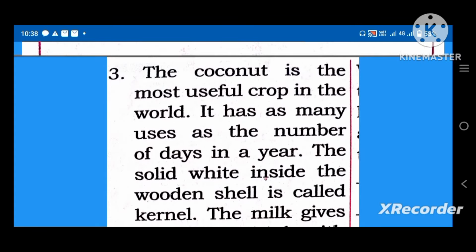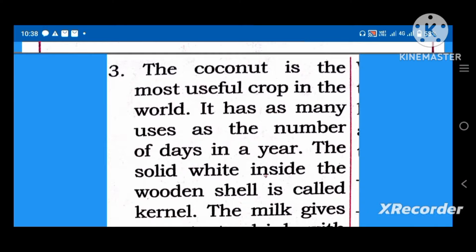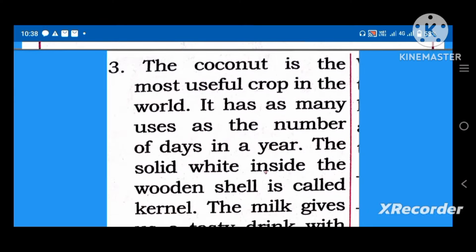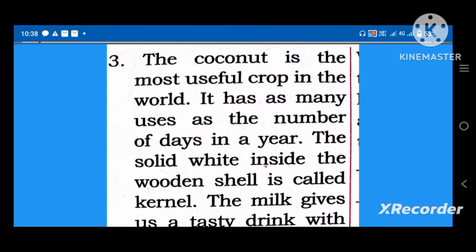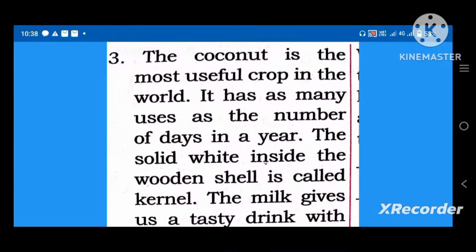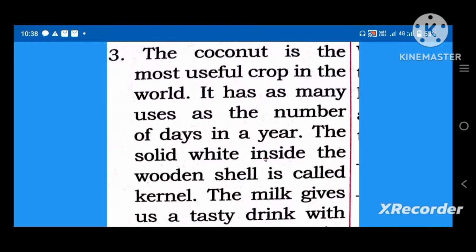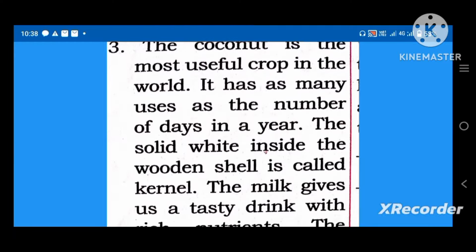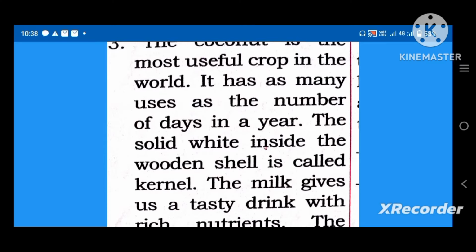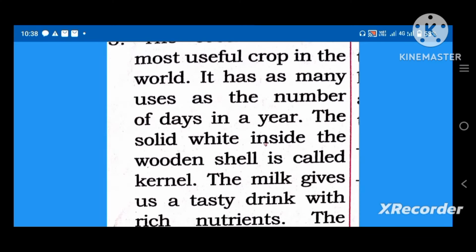The coconut is the most useful crop in the world. It has as many uses as the number of days in a year. The solid white inside the wooden shell is called kernel. The milk gives us a tasty drink with rich nutrients.